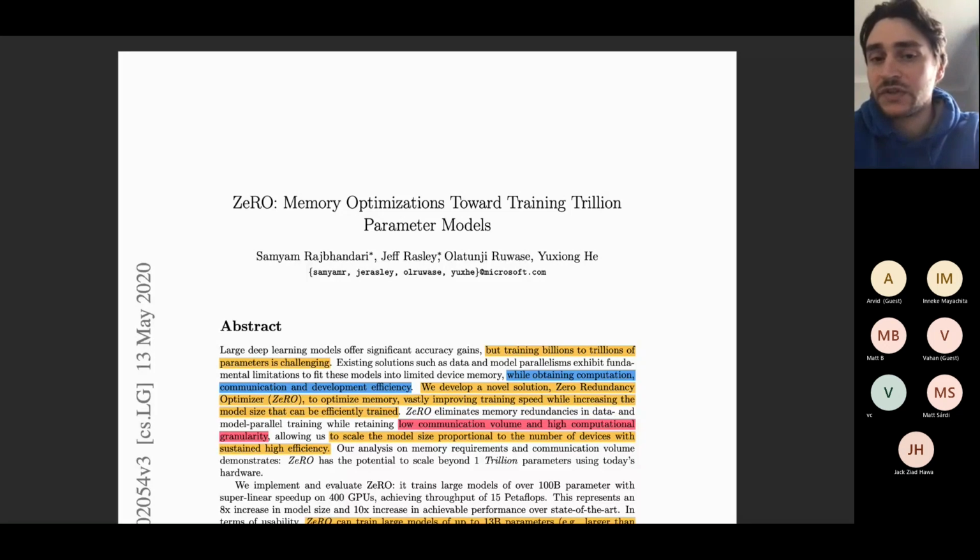They actually give a couple of examples in the work where methods would be great at optimizing memory, but would take so long that it's not worth using these methods. So let's get into the paper.